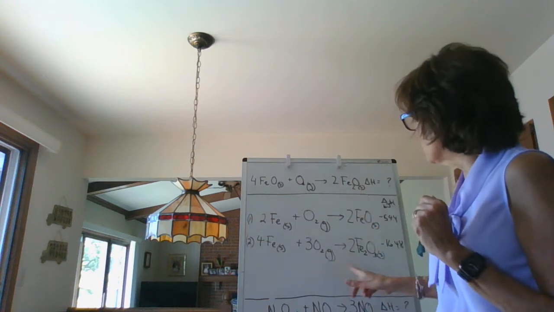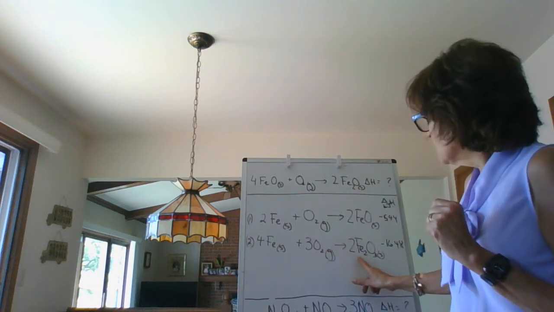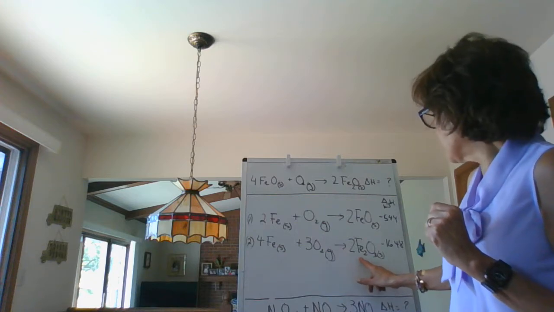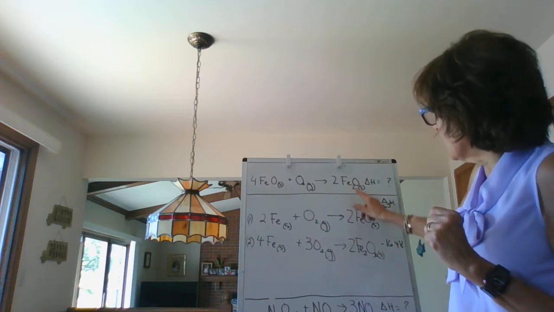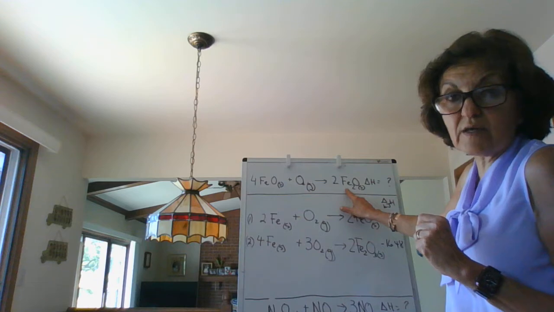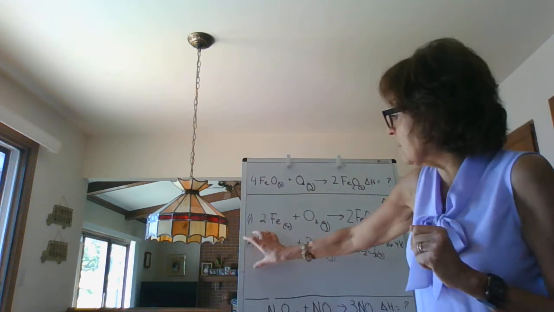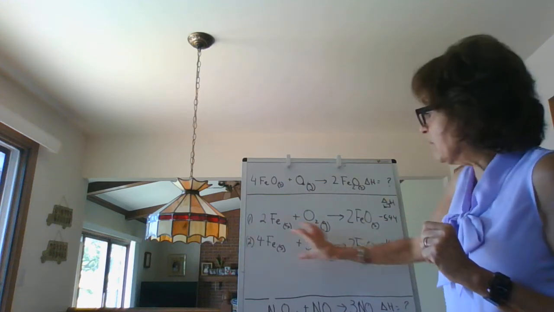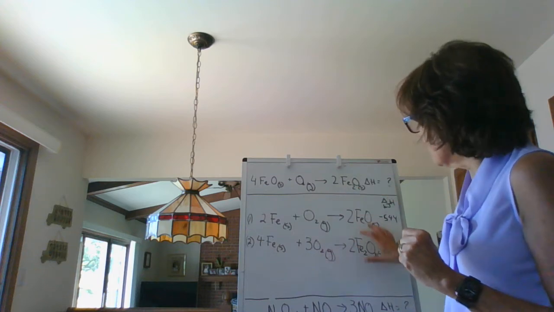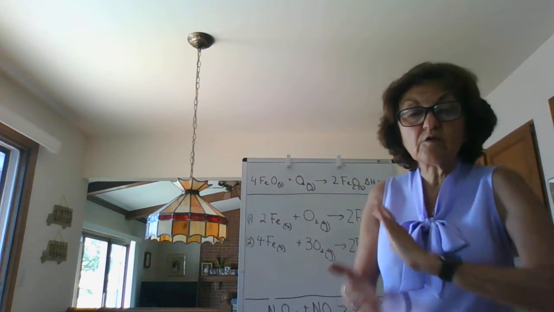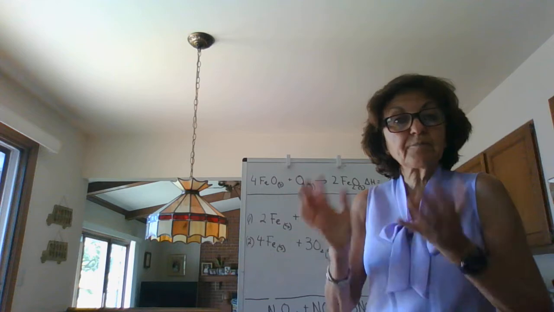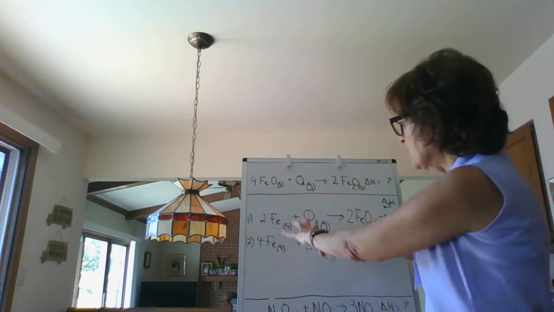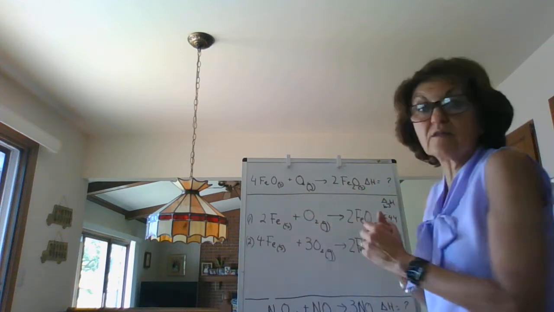And do you notice that you have 2 iron 3 oxides on the right here and 2 iron 3 oxides on the right here? So honestly, you don't want to touch this second equation. This second equation looks like it's exactly where it needs to be. You don't need to multiply, divide, flip, do anything to it. So let's just leave this one alone. Let's just manipulate the top one.